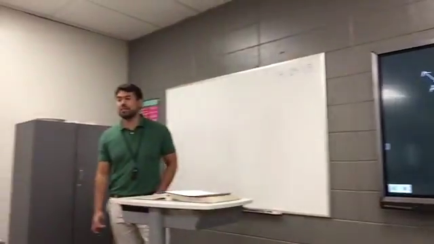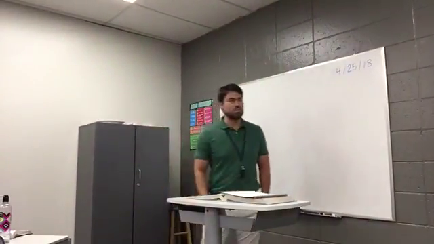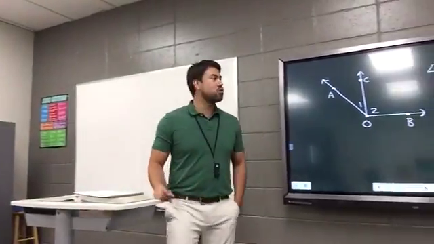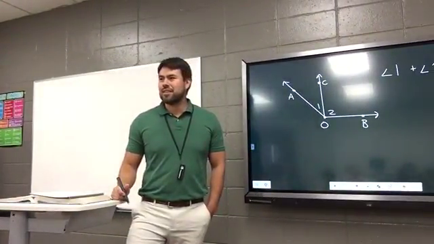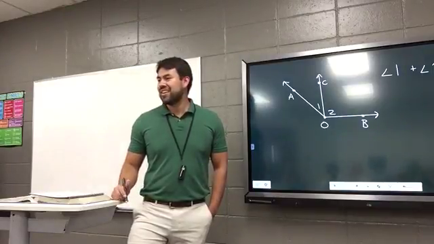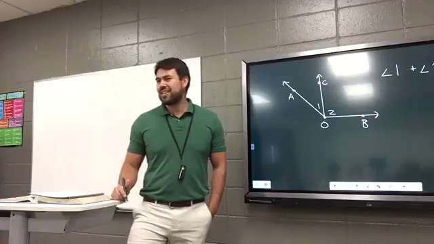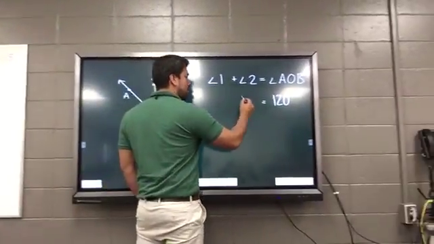I want to see if you guys can use your protractors well, and obviously if you can do the math well, which is what we're working on now. But protractor use is good. Get that angle measurement and then put it right here.